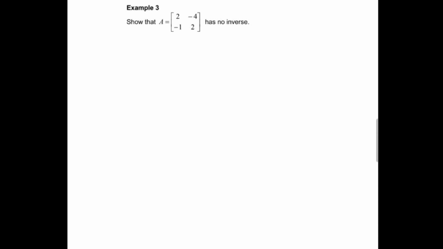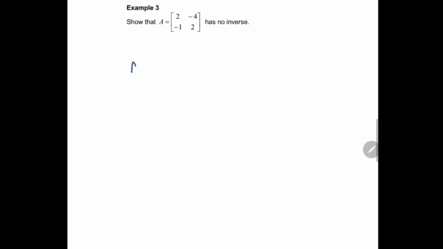For example 3, show that A equals 2, negative 4, negative 1, 2 has no inverse. So how do we show a matrix has no inverse? By using the formula of inverse.